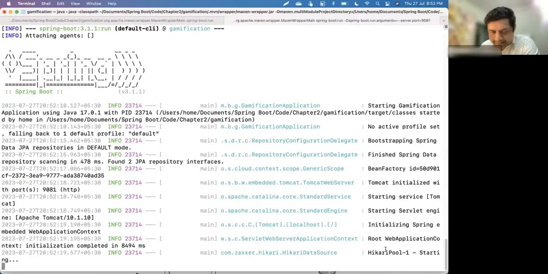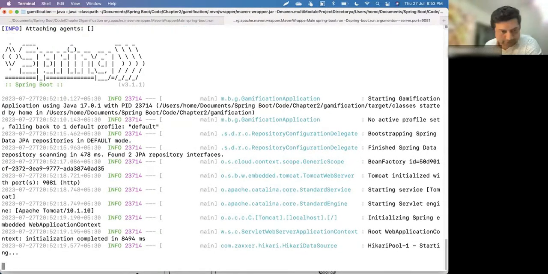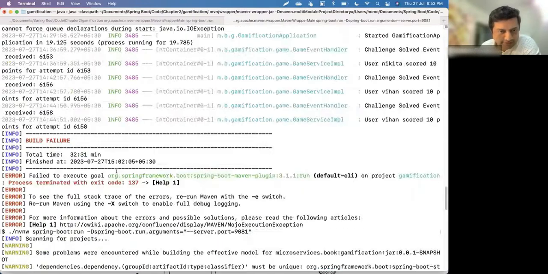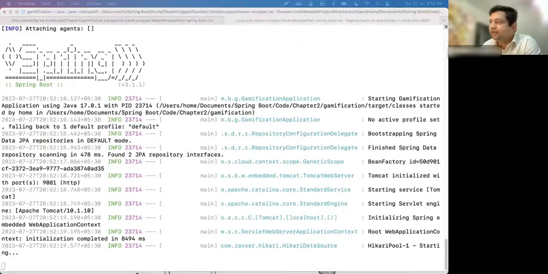Yeah, still it's in the starting stage. So let me see what is happening. If it starts, then it will register itself, right?